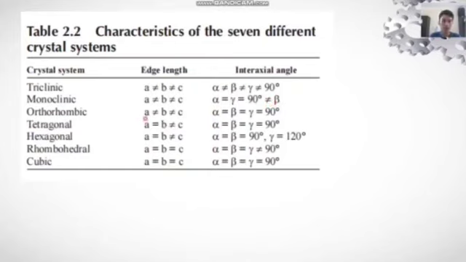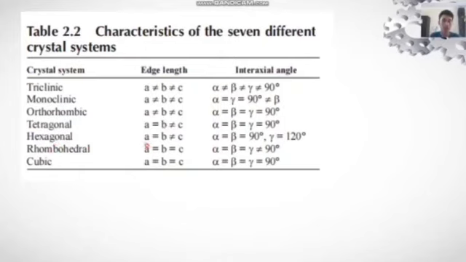Orthorhombic: a is not equal b is not equal c, and alpha equals beta equals gamma equals 90 degrees. Tetragonal: a equals b is not equal c, alpha equals beta equals gamma equals 90 degrees.